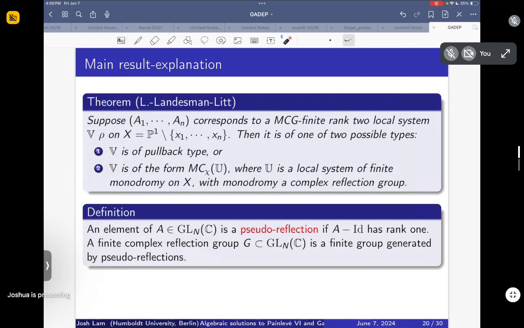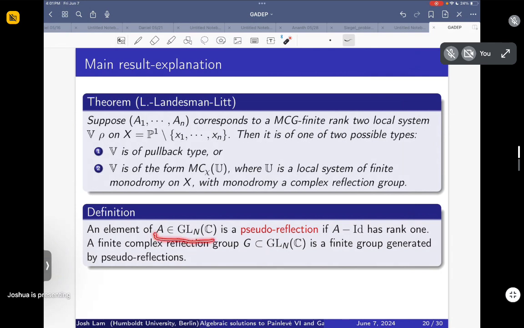I should also say the last thing: U is attached to a finite group, and this finite group also has to be very special. It's what's called a complex reflection group. The definition is like this.